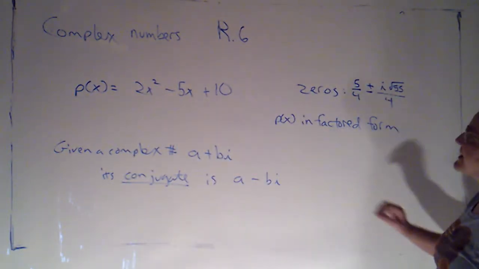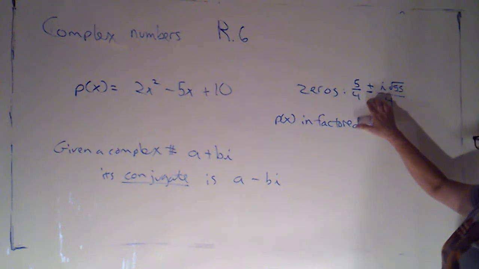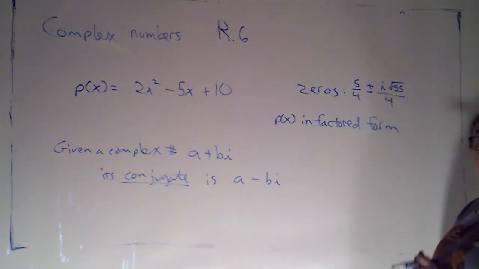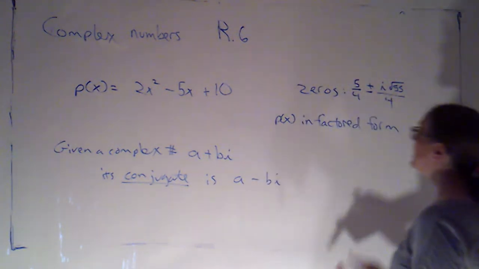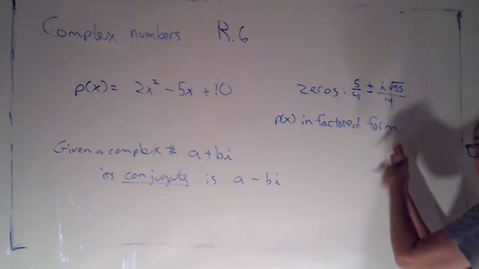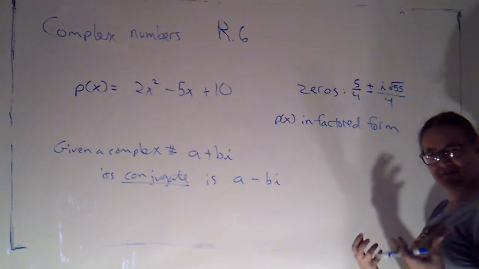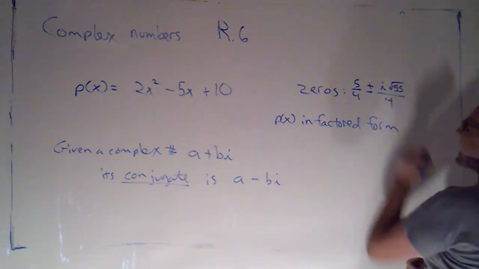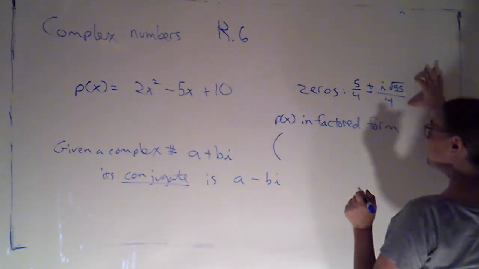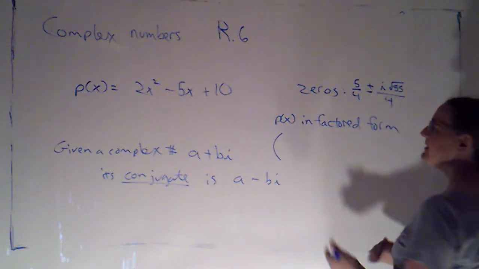All right, so I said I wanted to do two things. I wanted to find my zeros, which I did, and then I wanted to write p of x in factored form. So just like the last example where we used the quadratic formula, except there we got real numbers, they were just kind of messy, I can say I know if I have a zero, I have a corresponding factor.